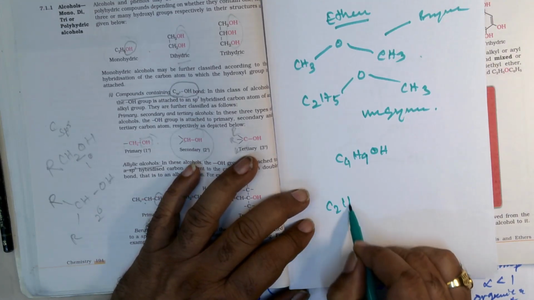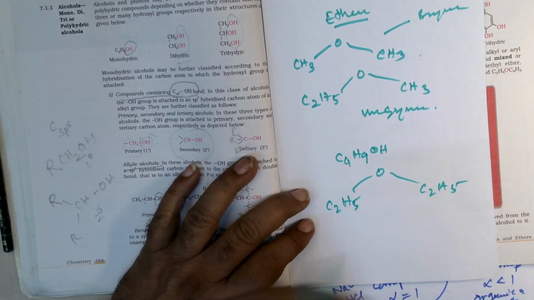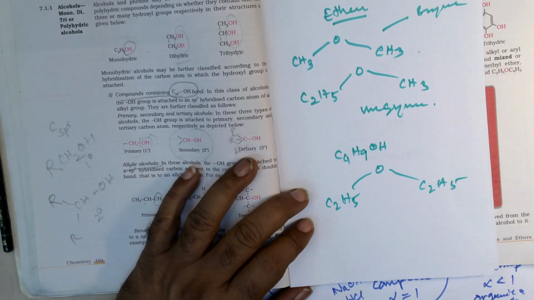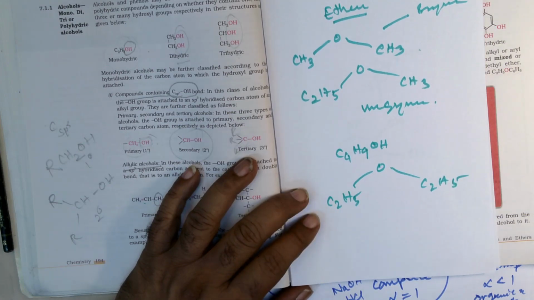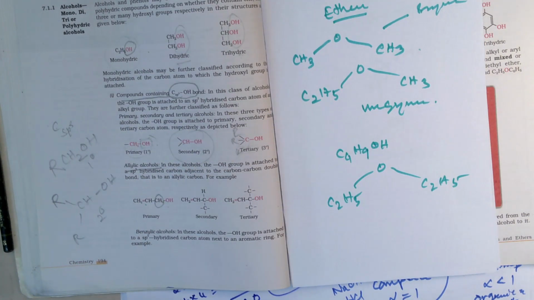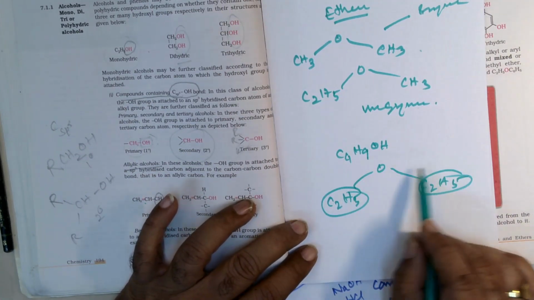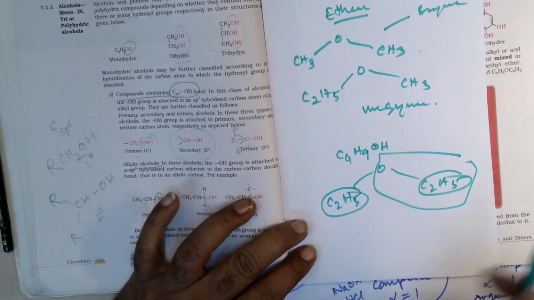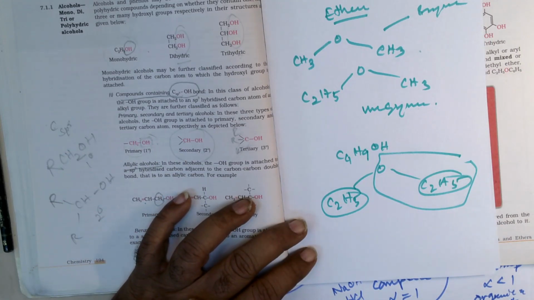And let me introduce C2H5O, C2H5. What do you call this compound? Diethyl ether. You've got ethyl, and this is also ethyl. You can call it diethyl ether or ethoxyethane. Okay, what is that? Right, ethoxyethane.